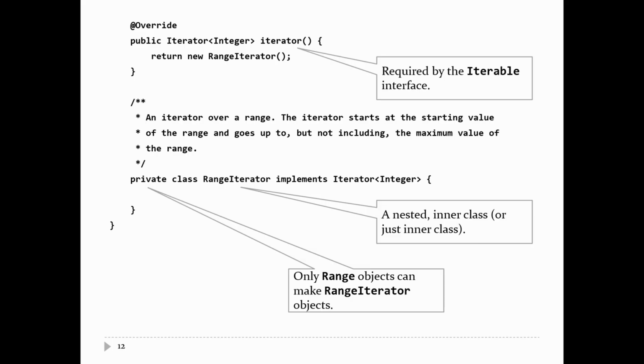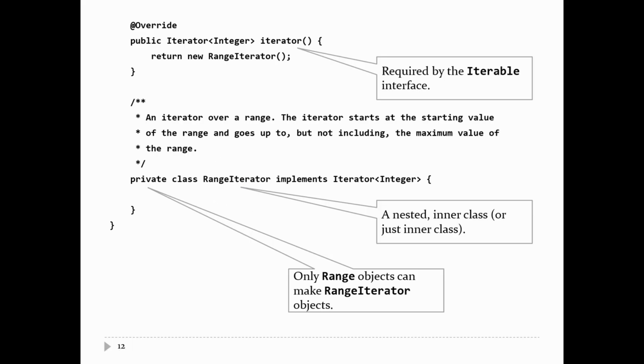Okay, so this class is also private. Remember what private means in the Java language. It means nothing outside of the class, so nothing outside of rangeIterator, can actually see the rangeIterator class. Except, in this case, rangeIterator is defined inside of range, so range can also see the rangeIterator class.